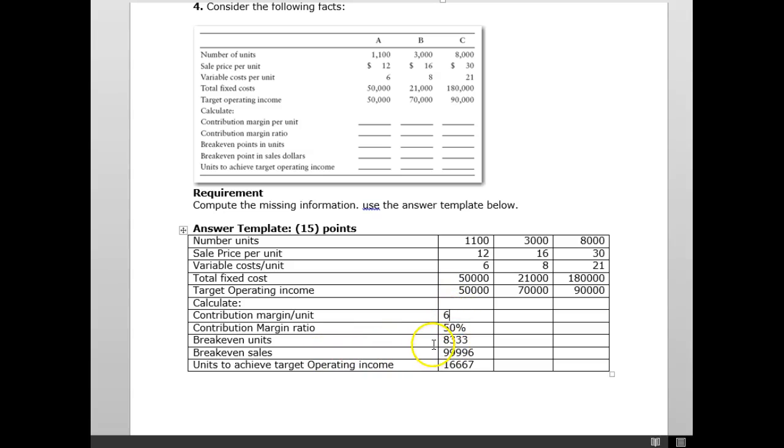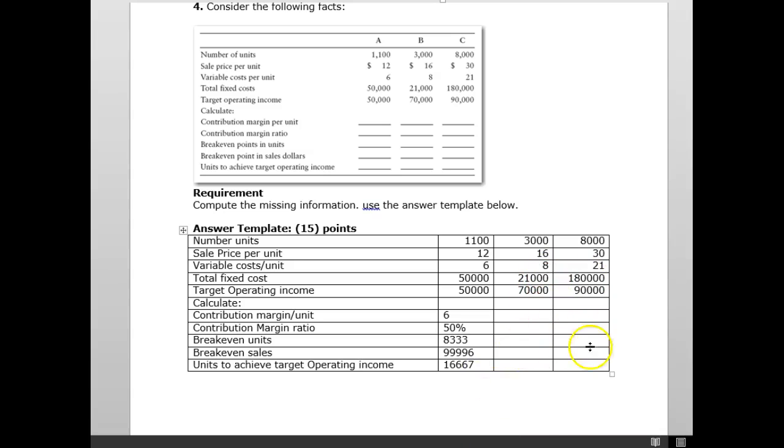The break even sales is going to be the break even units times the 12. And then the units to achieve that operating income is going to be the fixed cost plus the operating income divided by the 6, or the CM per unit. And that should give you 16,677.